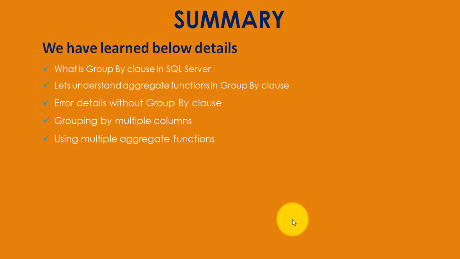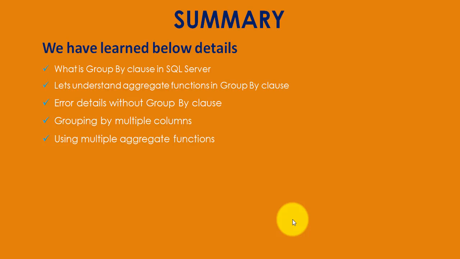So in this part we have learned a few details: what is the group by clause in SQL Server, aggregate functions in the group by clause, and what the error is without the group by clause. If you don't use the group by clause with the column name, what will happen?